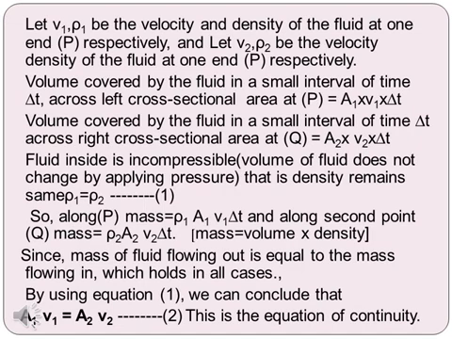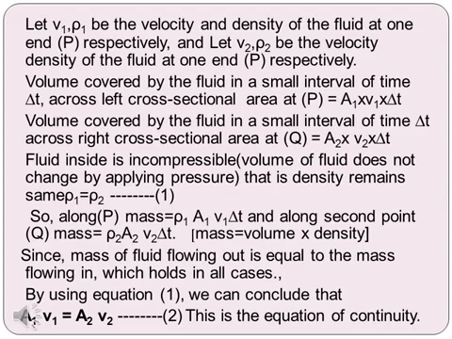Since the mass of the fluid flowing out is equal to its mass flowing in, which holds in all cases, we can write that the mass of the fluid along the point P is equal to the mass of the fluid along the point Q. Then ρ1 a1 v1 delta t is equal to ρ2 a2 v2 delta t.